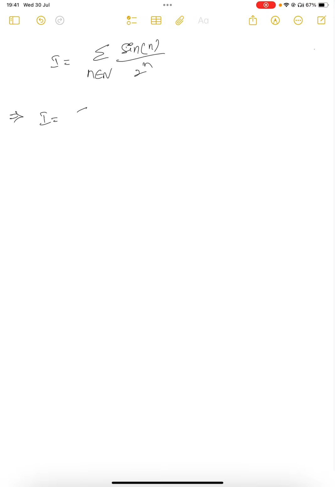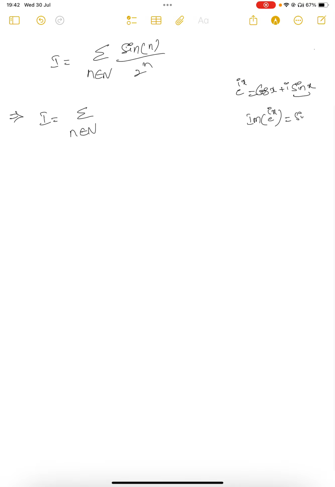So, I equals the summation n belongs to N of sin n by 2 power n. We know the formula e power ix equals cos x plus i sin x, right? Then sin x is the imaginary part of e power ix.